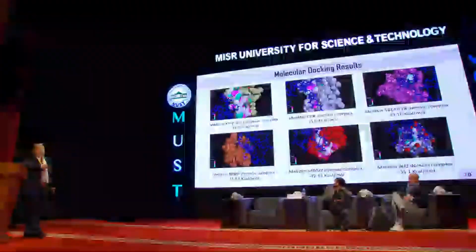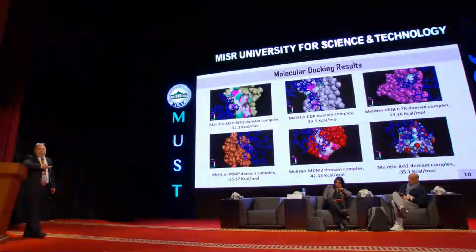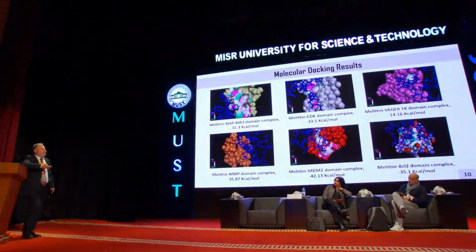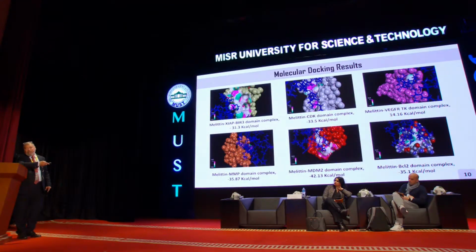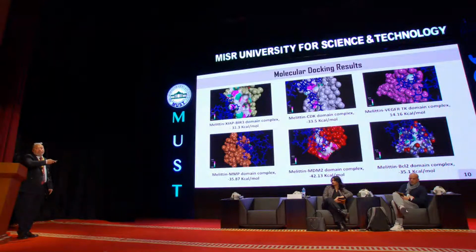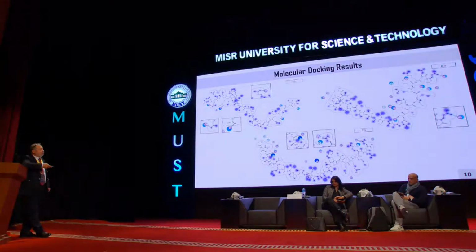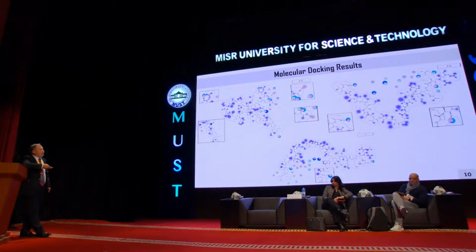Whenever we get a negative value for the binding energy, this means it is high affinity. And whenever you get a positive binding energy, this means that there is less affinity for this type of receptors. So we got very good results with almost all the cellular proteins except for vascular endothelial growth factor receptor. Here is the interaction with many protein receptors.